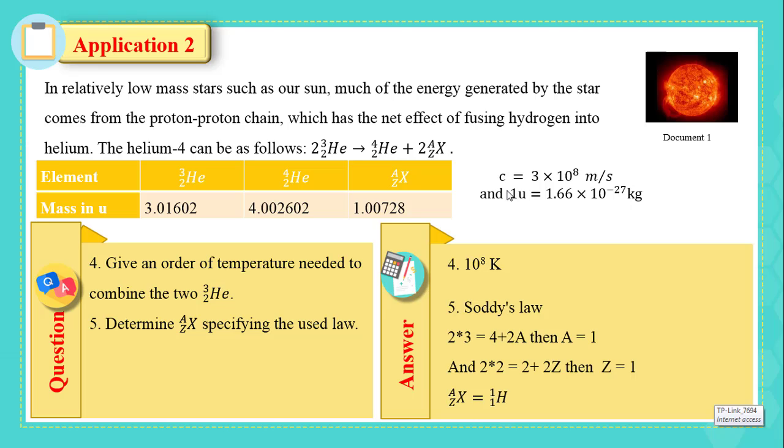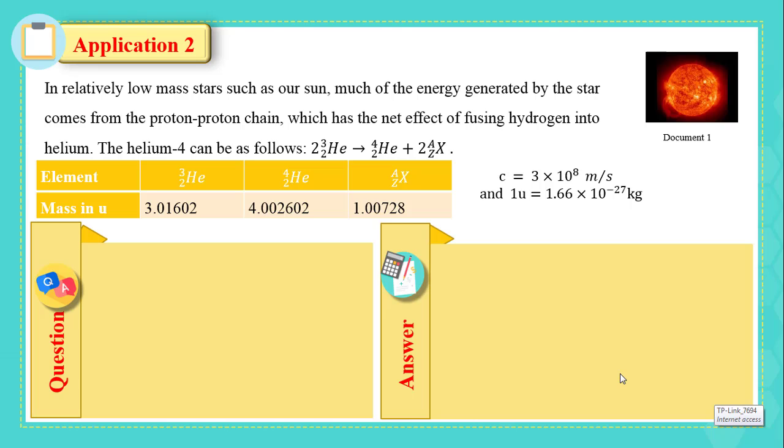In the conservation of mass number, we have 2 times 3 equal to 4 plus 2 times A. Then we solve and we get A equal to 1. In the same way for the atomic number, we have 2 times 2 equal to 2 plus 2 times Z. Then we solve and we get Z equal to 1. So the emitted particle is hydrogen, H 1 1.